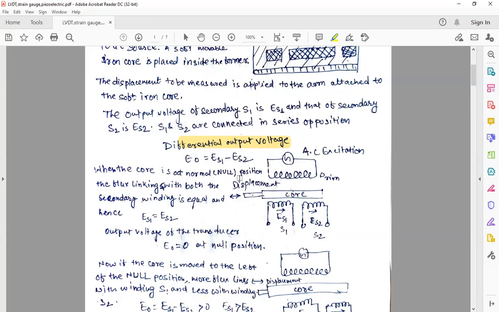So using LVDT, you can measure displacement as well as the direction of the motion, whether it is to the left of the null point or the right of the null point. Any doubt? No, sir. So what is the demerit of the LVDT?